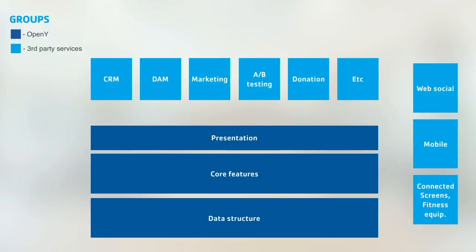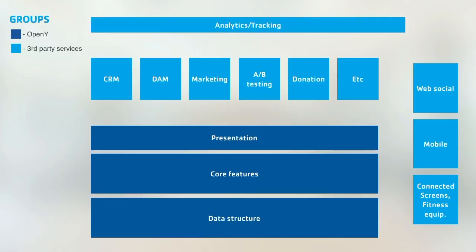We have web applications, social applications, mobile applications, and even equipment at the branches that we should interact with when members of the YMCA visit their branches. And of course, on top of this, we have analytics and tracking in order to track all activities that happen in OpenY, on the third-party services, and even at the branches with equipment.